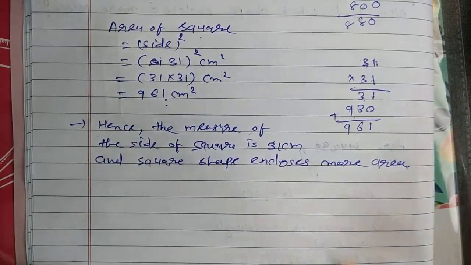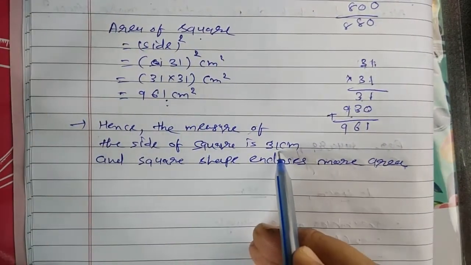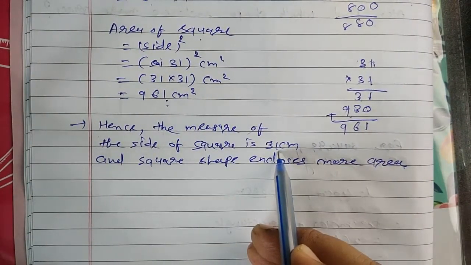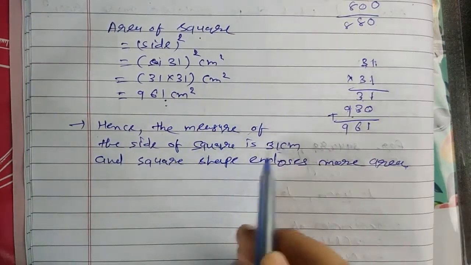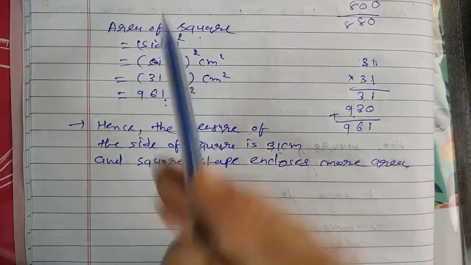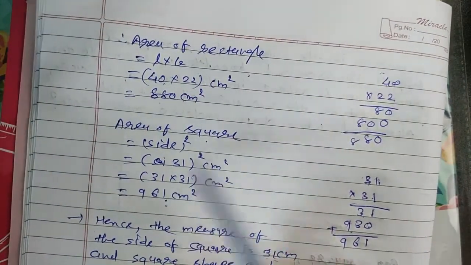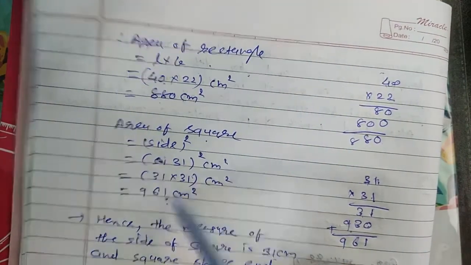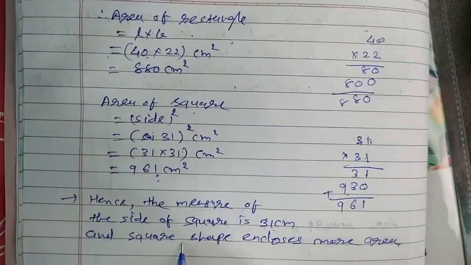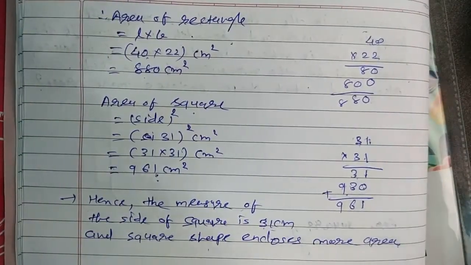When we compare the area of the rectangle and the area of the square, the area of the square is greater than the area of the rectangle, so the square encloses more area.